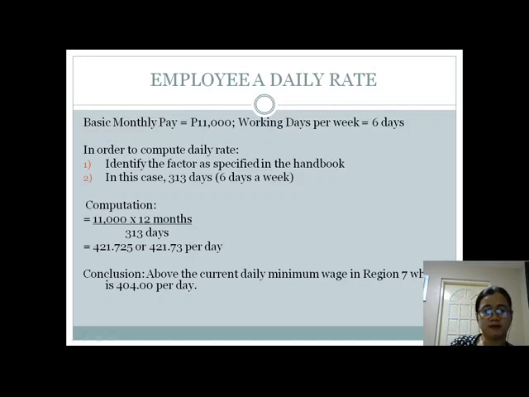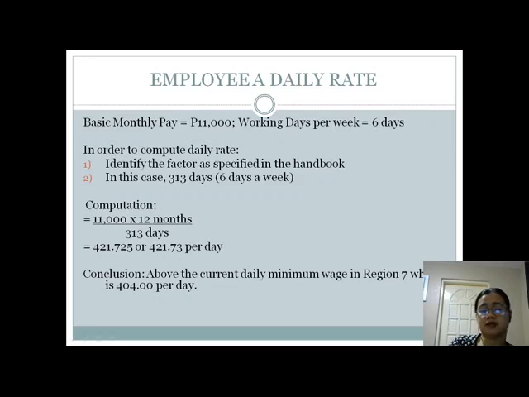So to compute, you multiply the basic pay of 11,000 by 12 months, and then divide it by the respective factor used, which is 313 days. That will give you 421.725, or if you round it off, 421.73 per day.